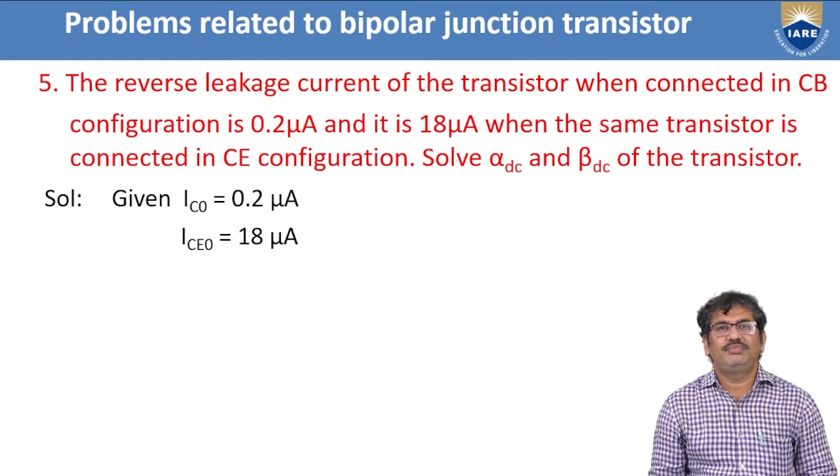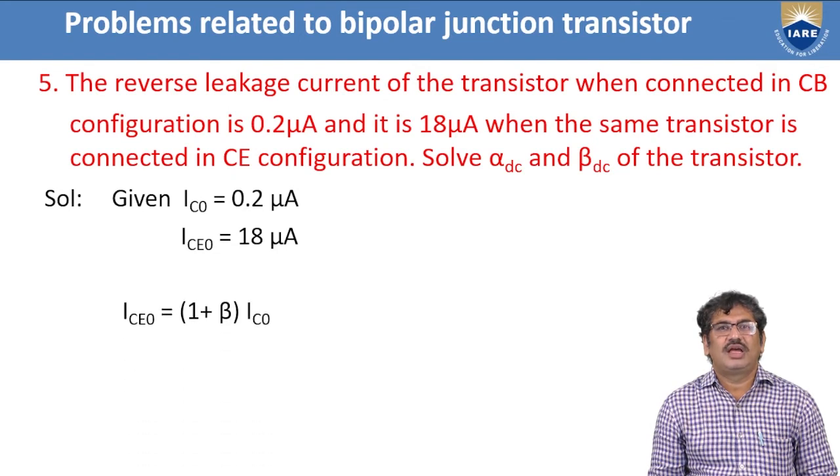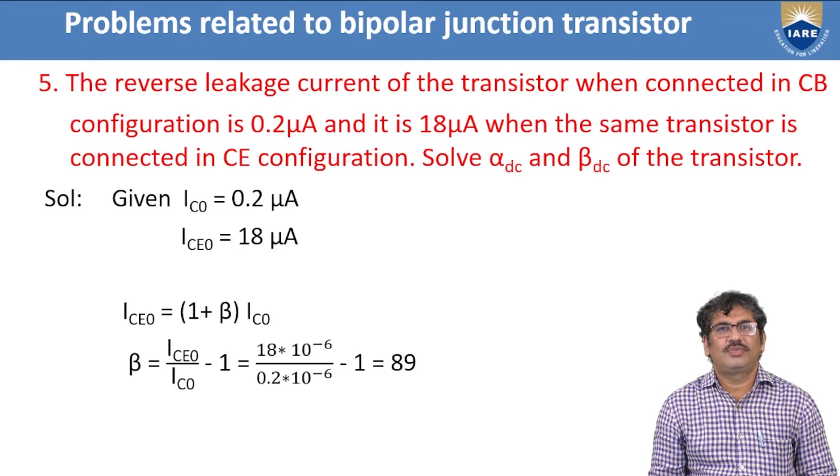Recollect the relation between ICEO and ICBO: ICEO is equivalent to 1 plus beta times ICBO. The given values are ICEO and ICBO, from which we can estimate beta. Here, beta can be expressed as ICEO divided by ICBO minus 1.